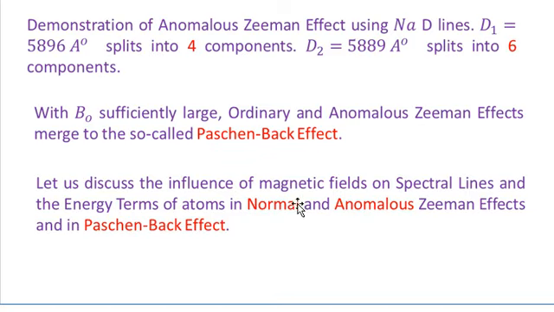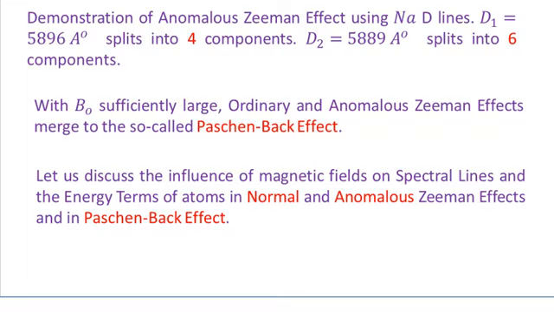So let us discuss the influence of the magnetic fields on the spectral lines and the energy terms of the atoms in the normal and in the anomalous Zeeman effect, and also in the Paschen-Back effect. In this series of lectures, the normal Zeeman effect will be explained in today's lecture, the anomalous Zeeman effect will be explained in the next lecture, and the Paschen-Back effect will be explained in the following lectures.